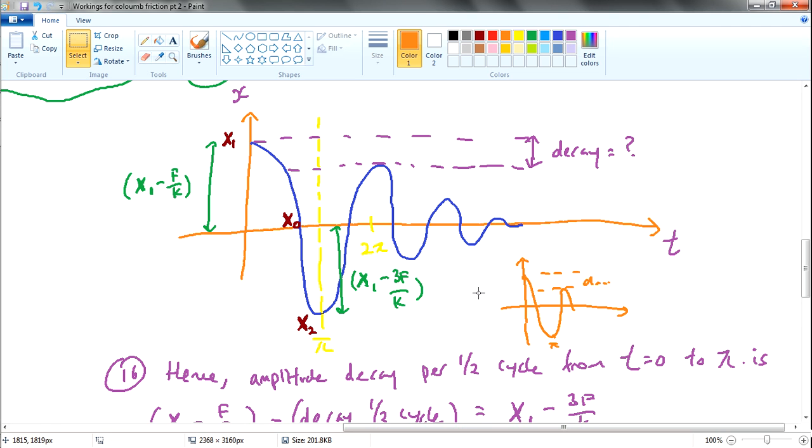That's why this equation defines the amplitude. It still defines the whole amplitude, just that this amplitude here should be different from this amplitude over here. So it makes sense.